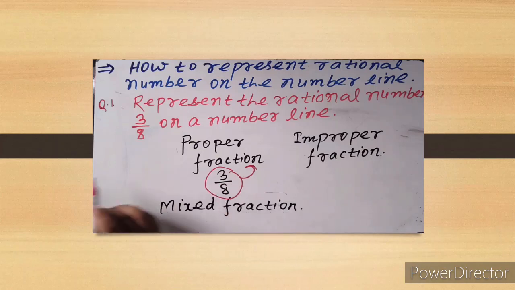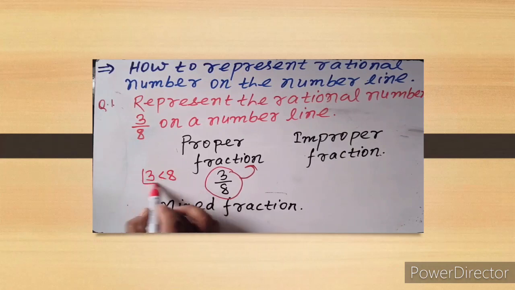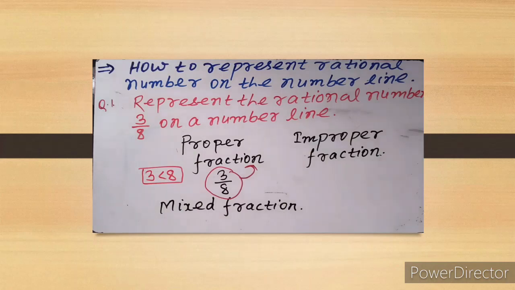Here you can see 3 is less than 8. Therefore, it is called a proper fraction. In a proper fraction, what you have to remember is that when the numerator is less than the denominator, it will be a proper fraction.